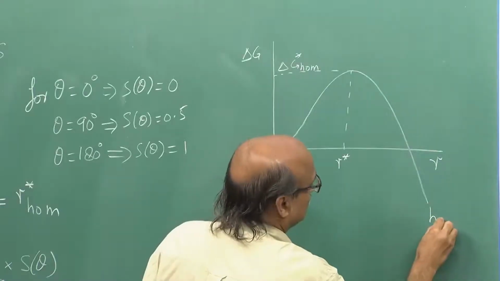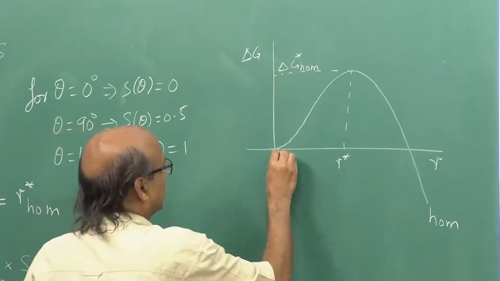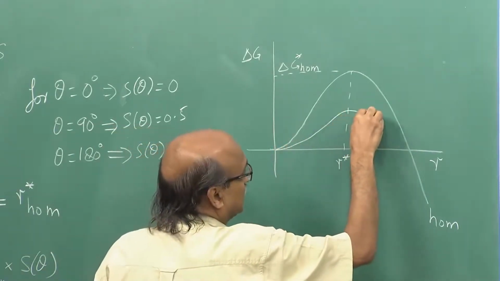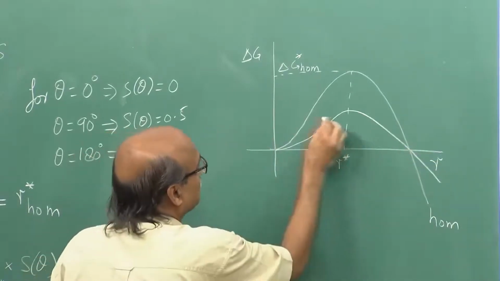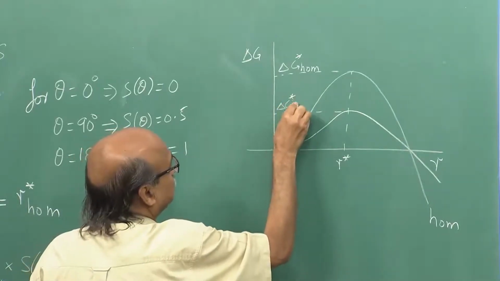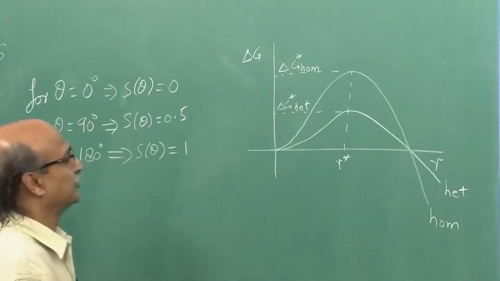So, this is the homogeneous case. In the case of heterogeneous nucleation, the energy hill or the barrier or the height comes down. So, this becomes delta G star hat, and this curve is for the heterogeneous nucleation.